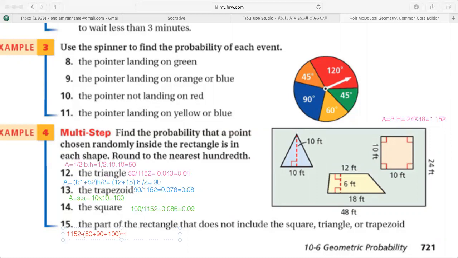So if I subtract 1152 minus 240, it will be 912. So the area of the green part here, not including the triangle, the trapezoid, and the square, is 912. So the probability is 912 over the total area. It will be 0.79.